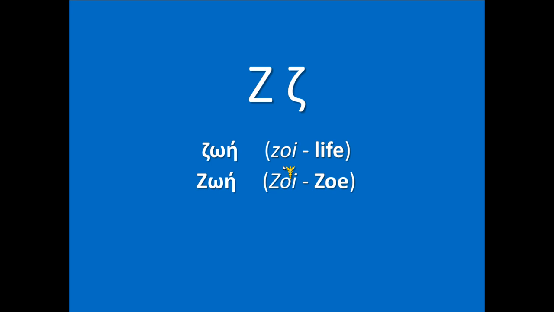So whenever it is a name, this zeta is capital. Whereas whenever we speak about our life, we write the word Zoe with small zeta, like this.